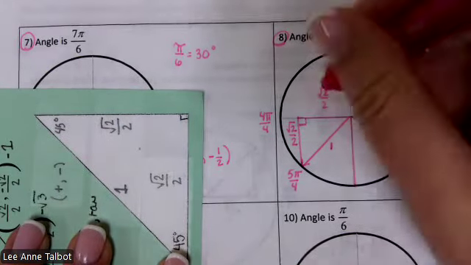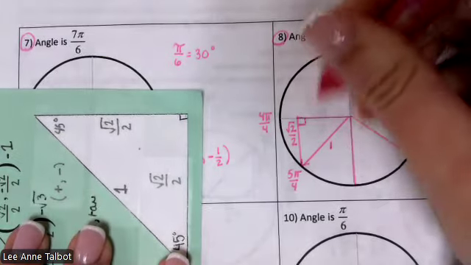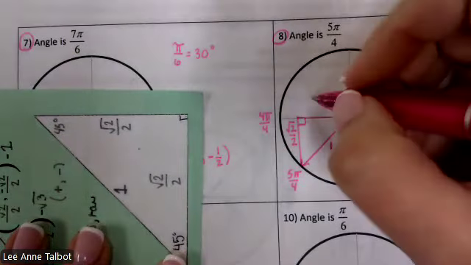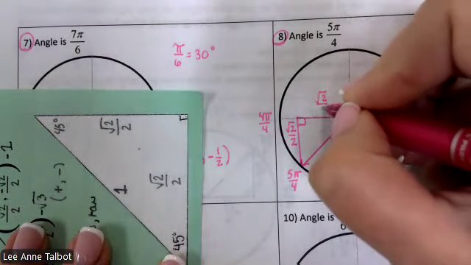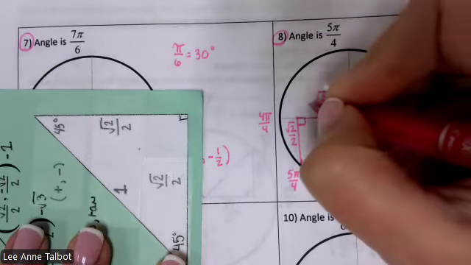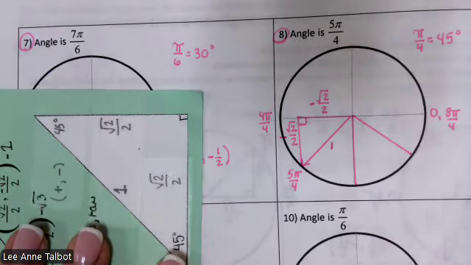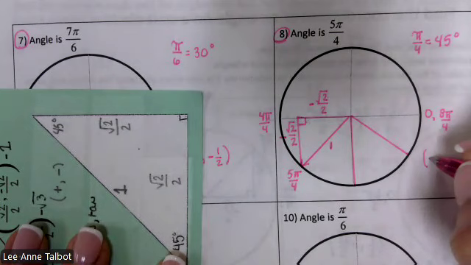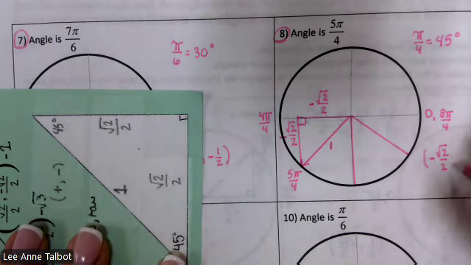I don't know why I put that floating up so high there. Fix it. Okay. Quadrant 3, negative, negative. So back √2 over 2, down √2 over 2.